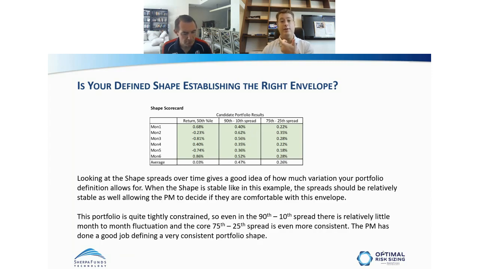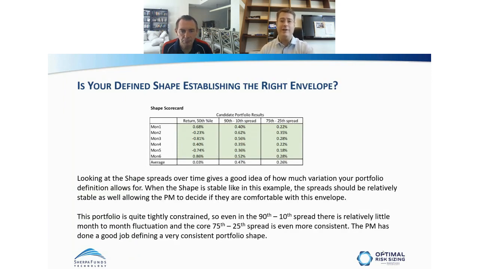Your spreads should be relatively consistent. Remember that the midpoint of this distribution is defined more by your selections, by how good your ideas were during that period, but the spread should be broadly consistent. We can see the 90th to 10th or 75th to 25th spread here is fairly tight and fairly consistent.